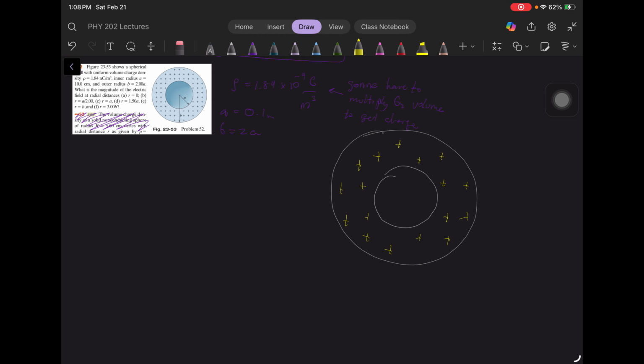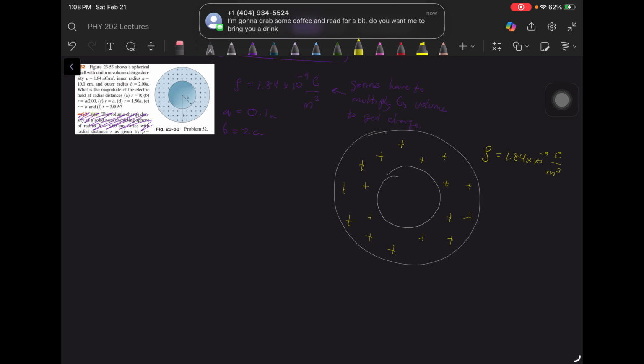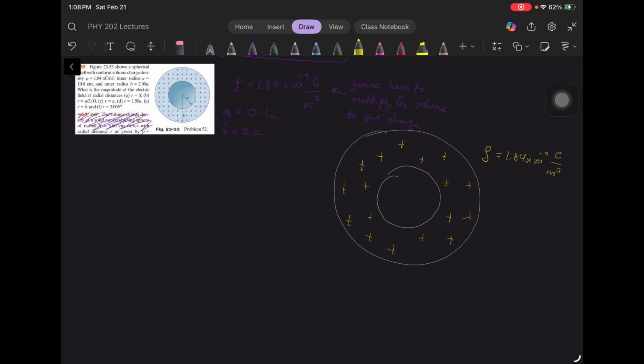Okay, and so we'll slap that with the rho is equal to 1.84 times 10 to the negative 9 coulombs per meter cubed. We can go ahead and have the electric fields going out.